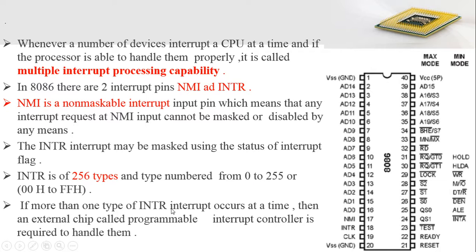If more than one type of INTR interrupt occurs at the same time, then an external chip called a programmable interrupt controller is required to handle them. That means if the 18th pin is receiving more than one interrupt at the same time, an external interrupt controller unit is required for deciding which interrupt is going to be handled by the processor first.